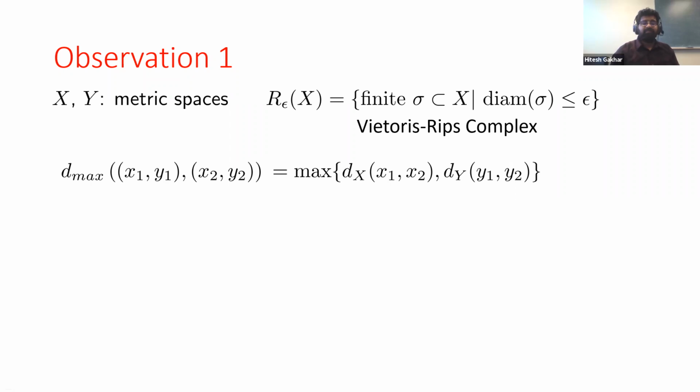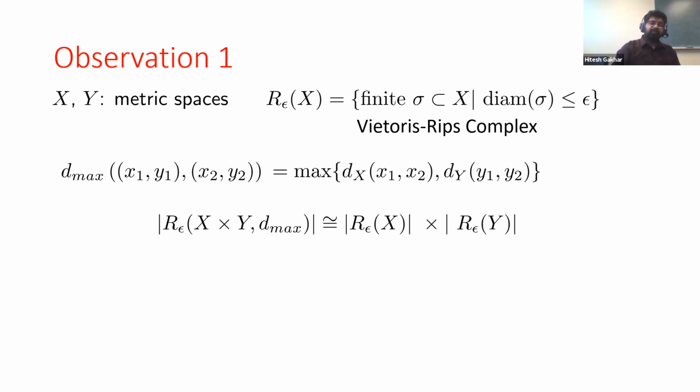The reason this metric is important on X times Y is that the geometric realization of the Rips complex of X times Y, equipped with the maximum metric, is naturally homeomorphic to the product of the geometric realizations of the Rips complexes of X and Y. It's a very neat property, so you can actually replace them.